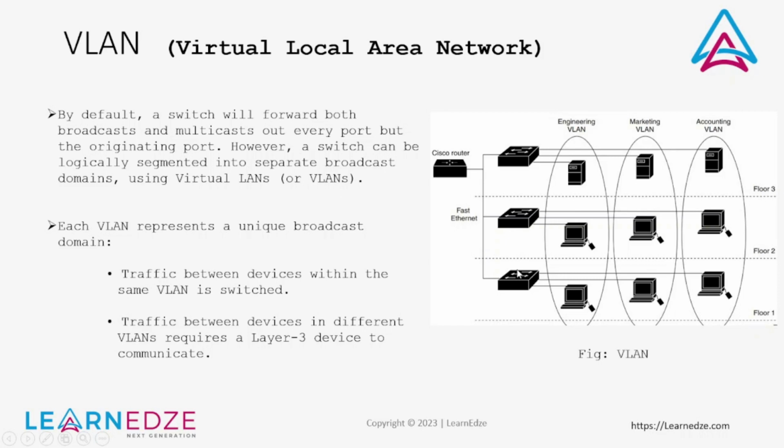On each floor we have three different PCs, or a server on the third floor, and the rest of the floors have three different PCs, where each PC is assigned to a different department.